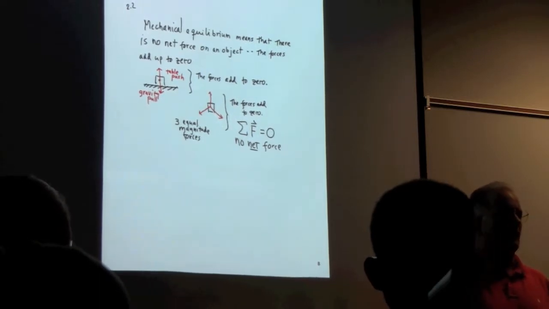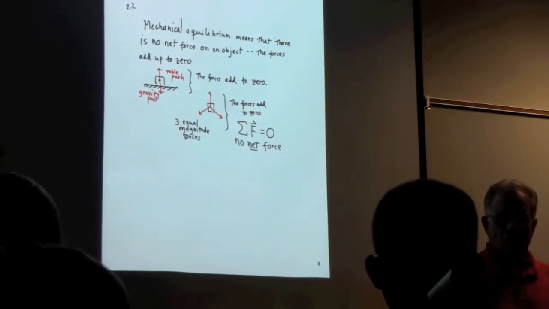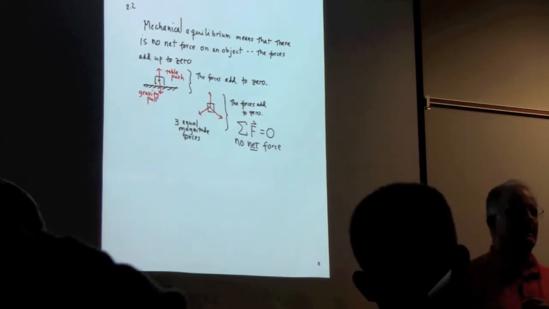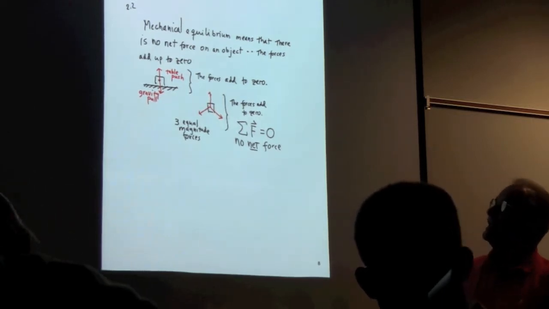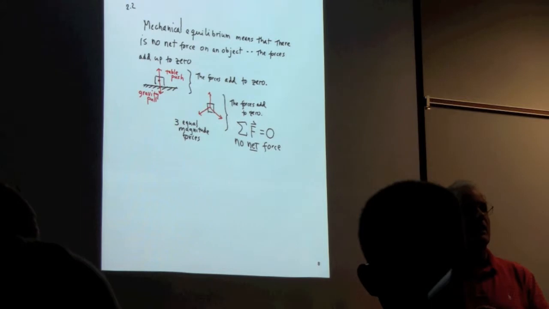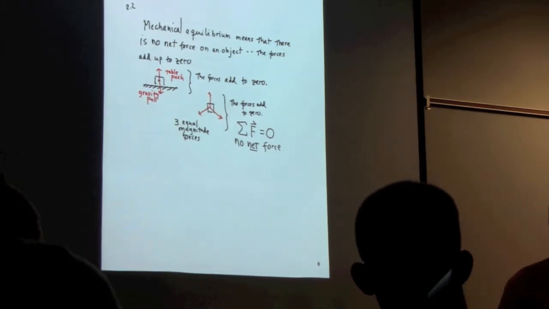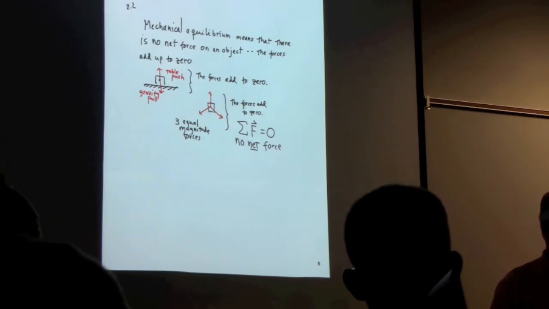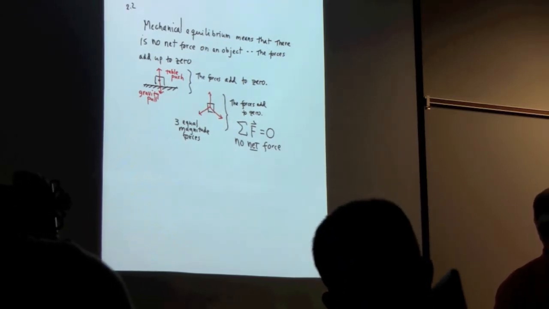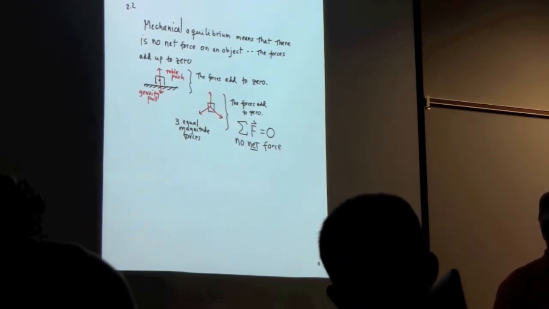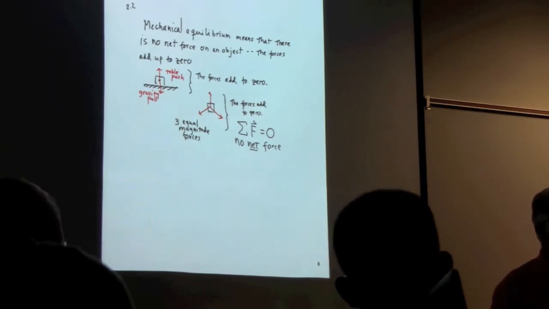That's Newton's first law, actually. His first law was when there's no net force acting on the object, it's in equilibrium, and it's either not moving, or it's moving in a straight line at a constant speed. Because in order to deviate from a straight line at a constant speed, to go into a curve, for example, you have to exert a force. Right?